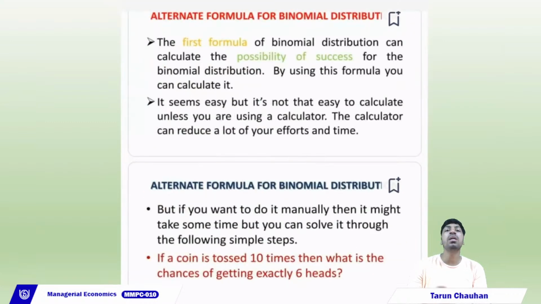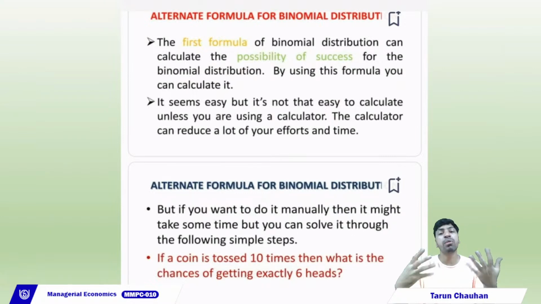So this formula will be used when you need to calculate the probabilities of success and probabilities of failure, and it is very easy to understand this formula, and easy to calculate as well, even if you don't have a calculator. But if you have a calculator, use that calculator, because it reduces your effort and time.